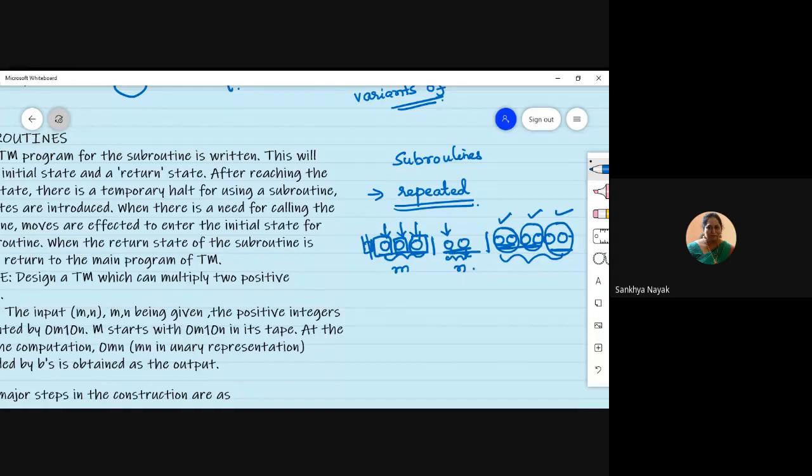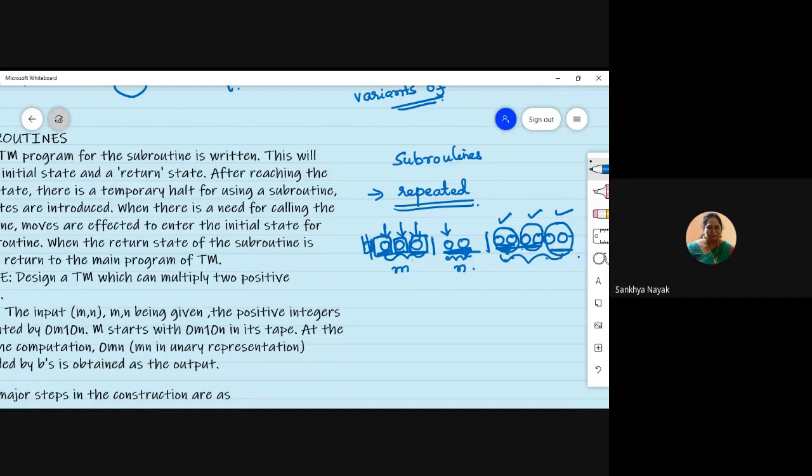So this is repetition, isn't it? So checking how many are there in n and going and copying them, right? So what we are going to do is, you use the subroutine to do this. For each 0 here, copying is there, no? 2 zeros over here. So for that copying, for each 0, 2 zeros being copied over there, we are going to use the subroutine.